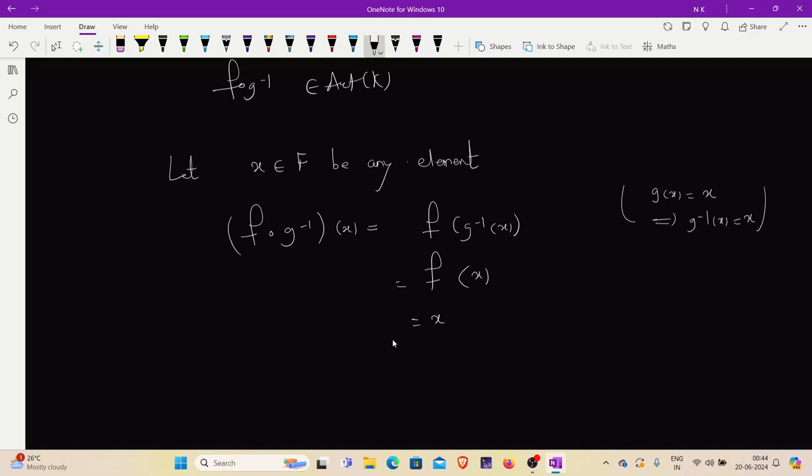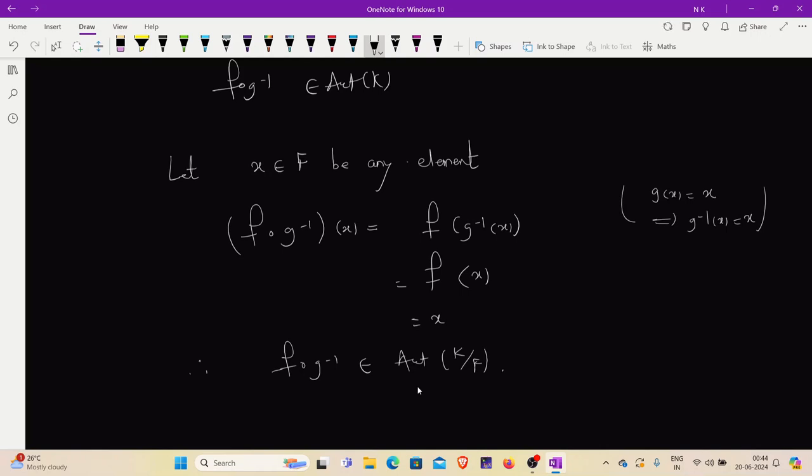So this happens for every x belonging to F. So this clearly means that f composite g inverse fixes the elements of F. So therefore we can write f composite g inverse belongs to Aut K over F, right? So that's why Aut K over F is a subgroup of Aut K, that we can easily understand.